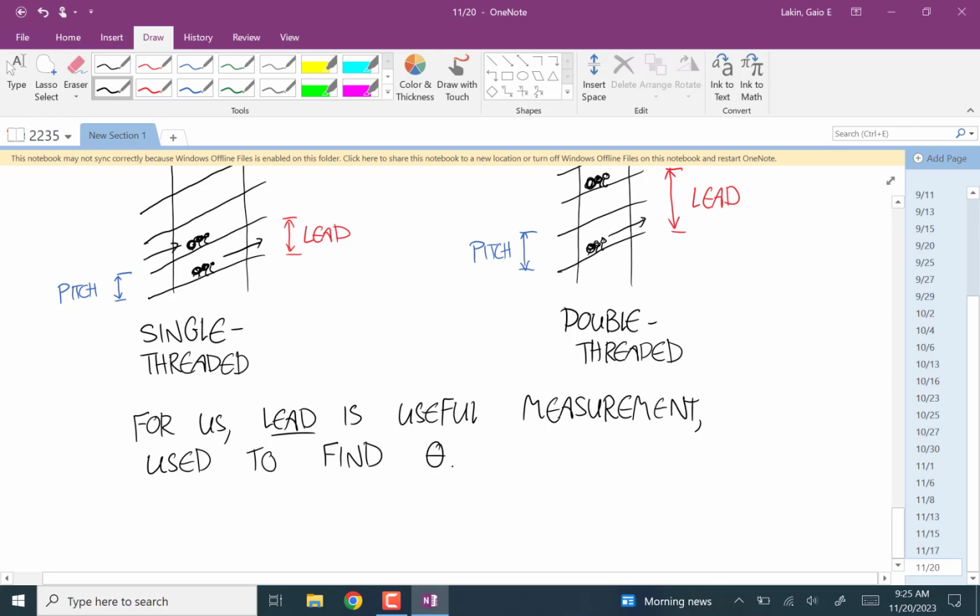We're just going to do the inverse of sine or something, yeah, that kind of stuff.